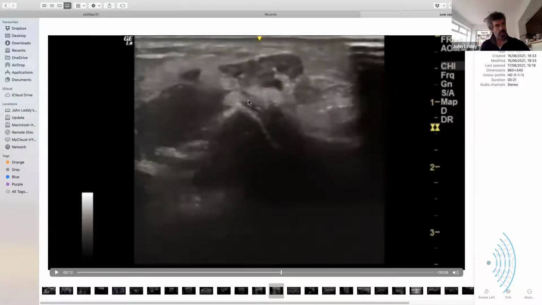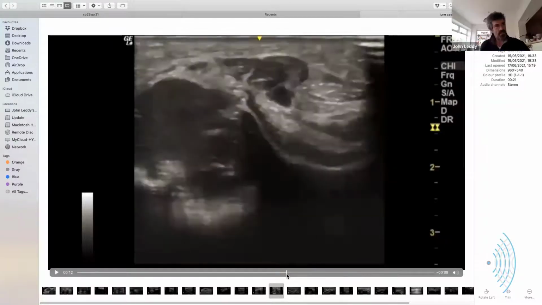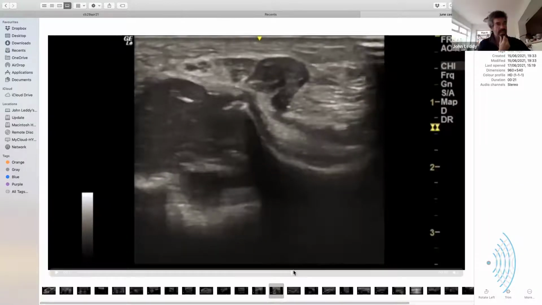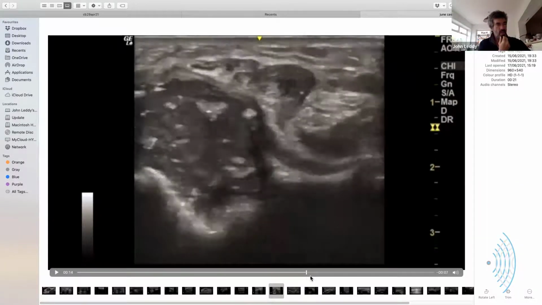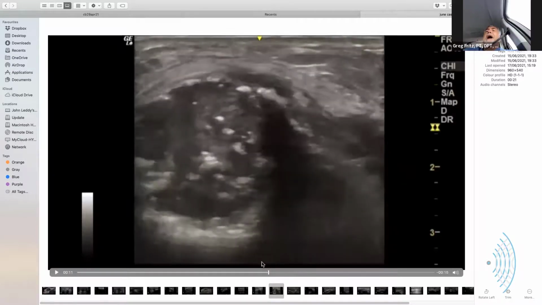So that's what you should see, a bone going all the way around. Yes. And then someone's taken a bite out of that apple. Right. So that's the one not to miss. And you didn't.